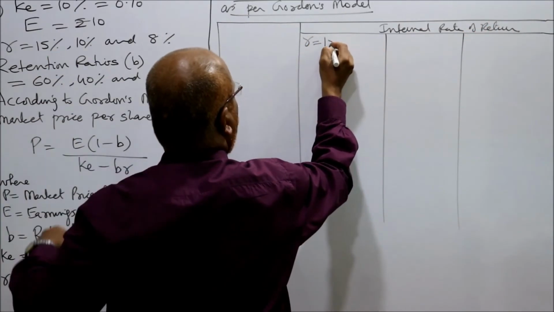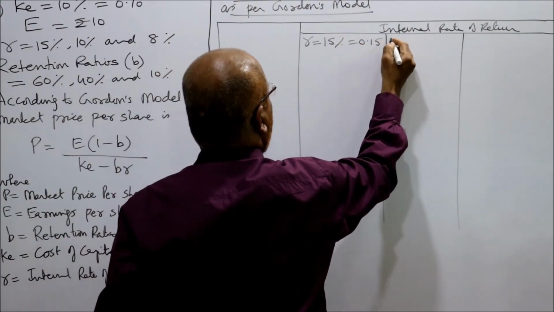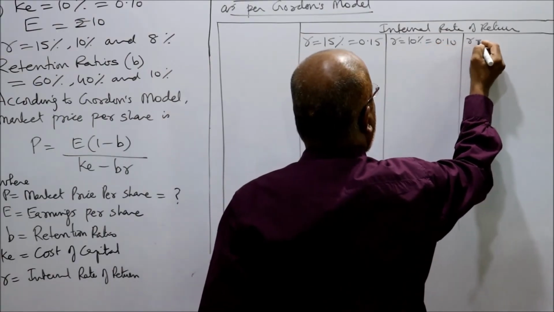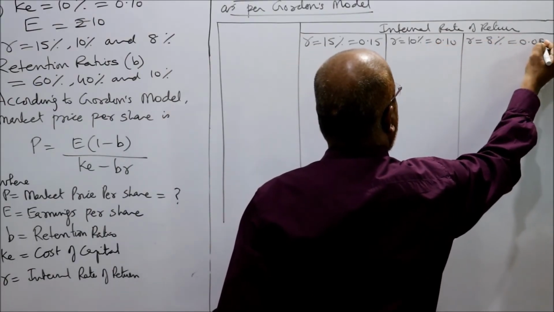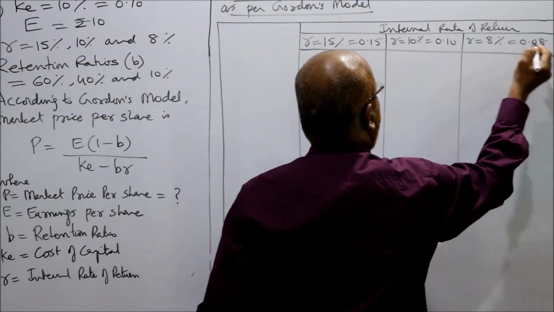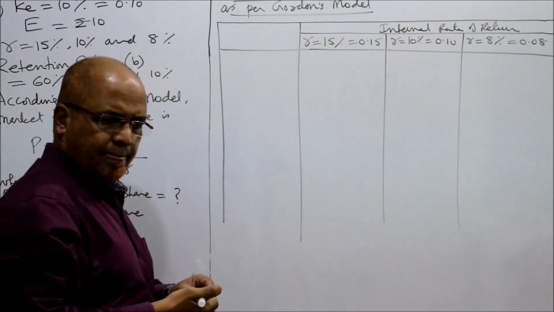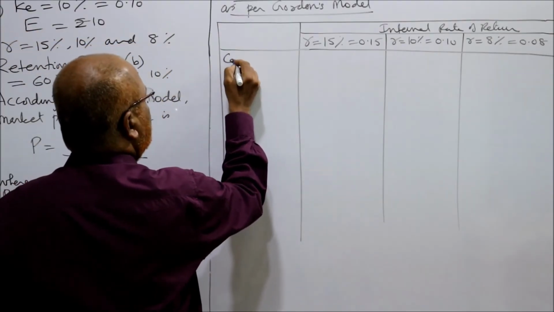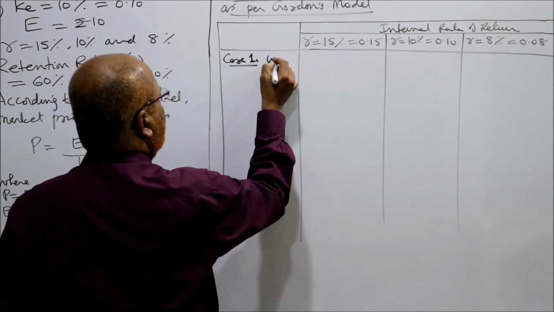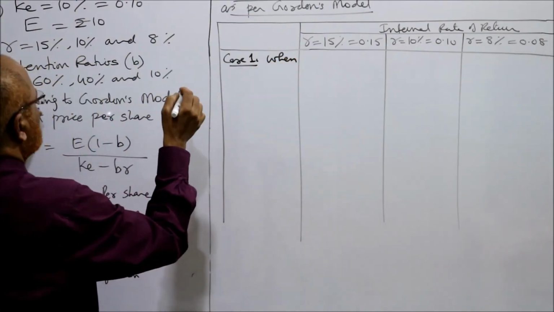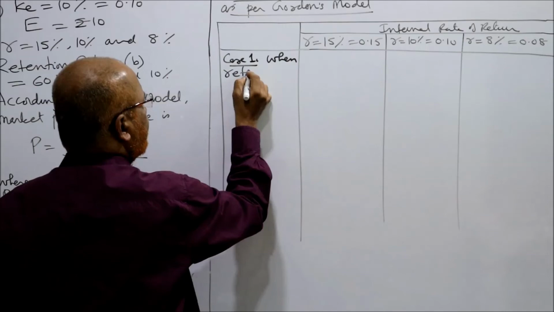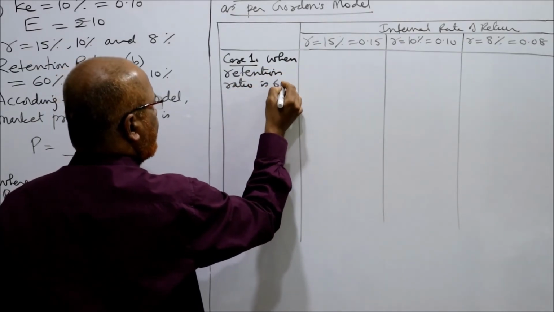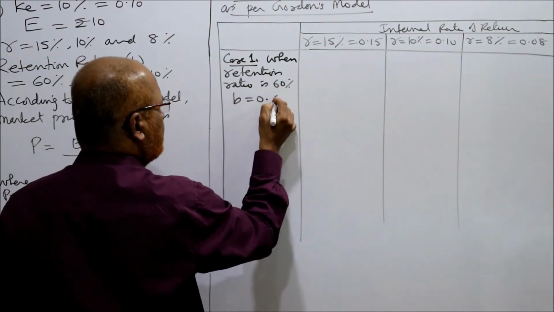Internal rate of return 15%, 0.15. Then 10%, 0.10. 8%, 0.08. Now, case 1, when retention ratio is 60%, B is equal to 0.6.